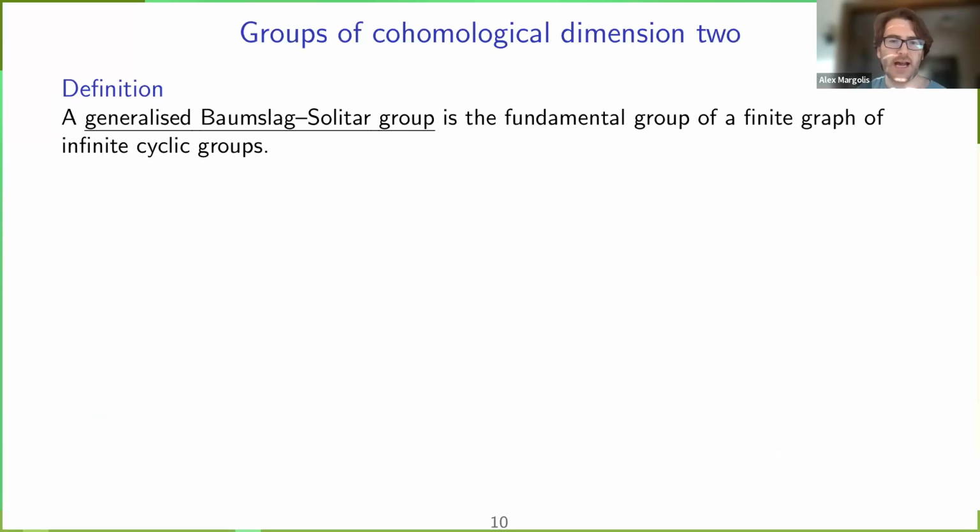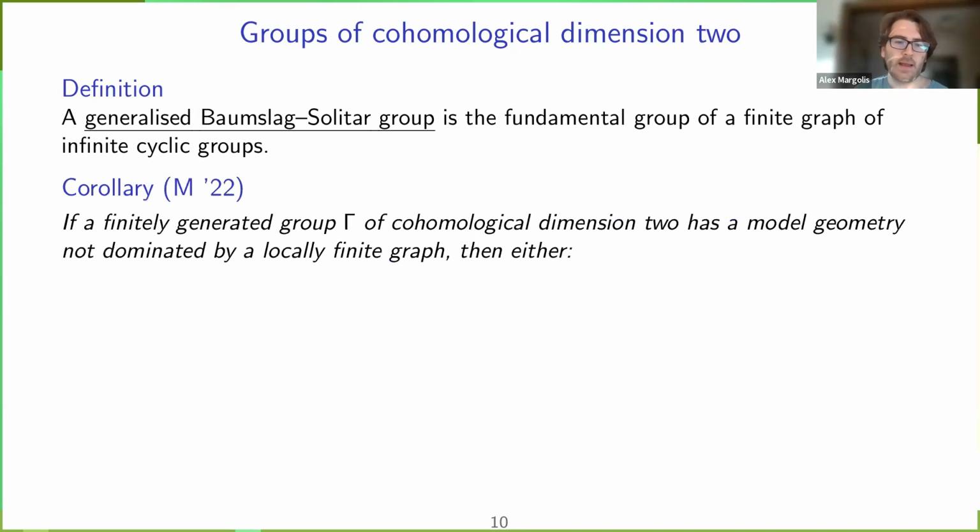And I'm almost out of time, but I want to give a nice corollary to the theorem. If we restrict to groups of cohomological dimension 2, we can interpret this class of groups a little bit more precisely.